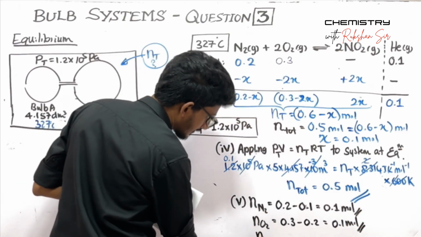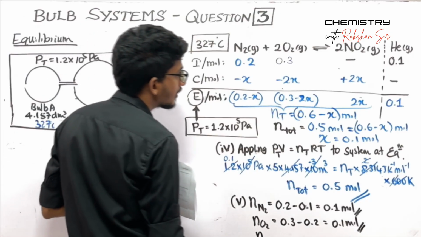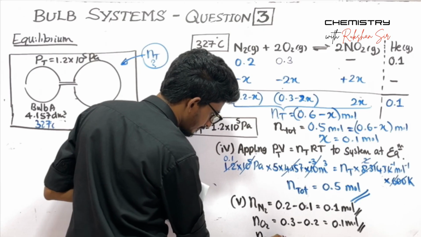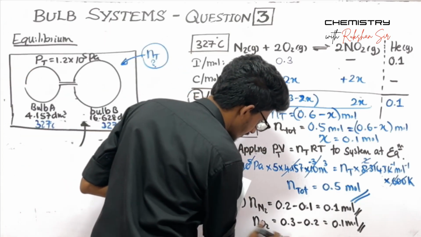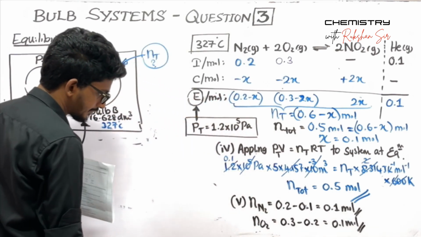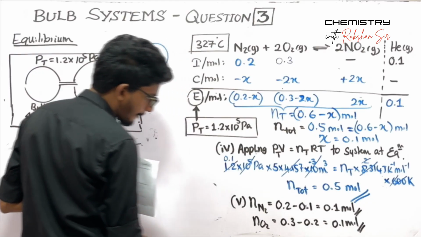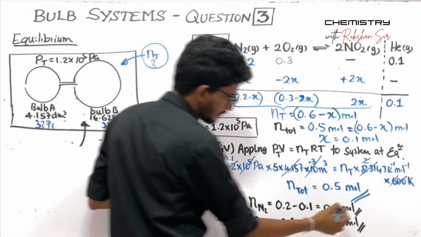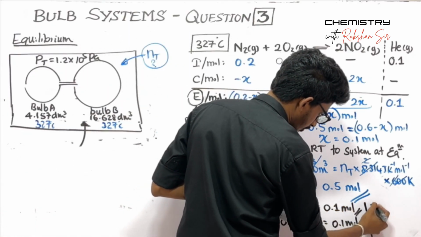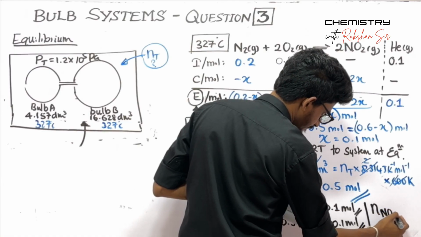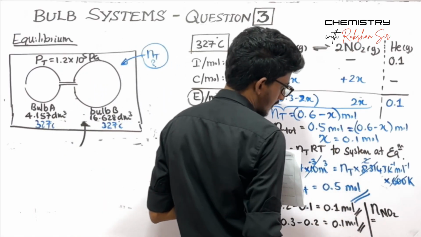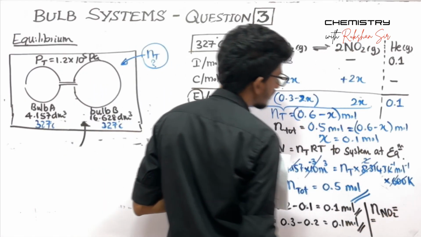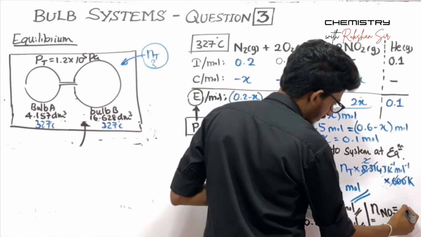For the next one, for the NO2, so you won't see this stuff, no? So I'll write it here. For the moles of NO2, that is just 2x, no? 2x is equal to 2 into 0.1, which is 0.2.